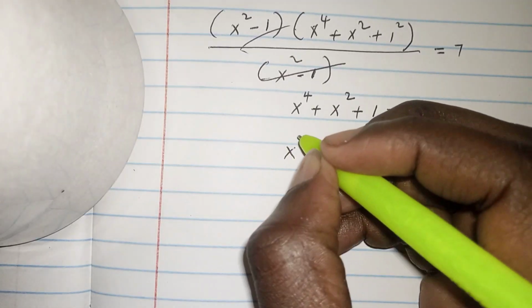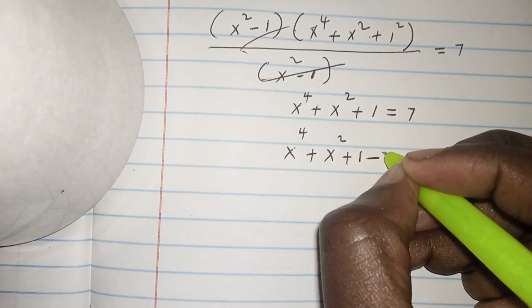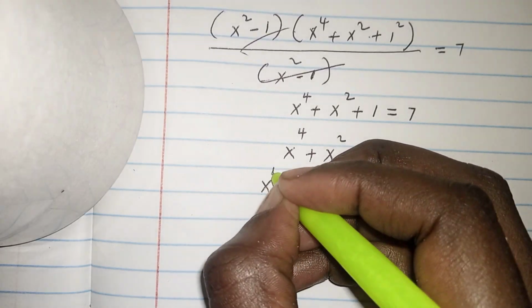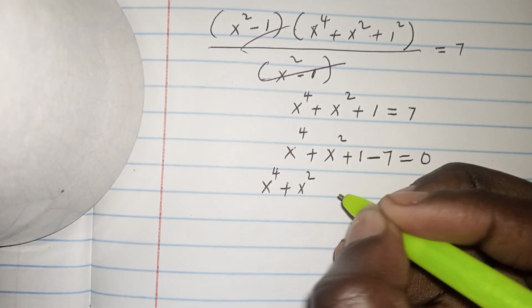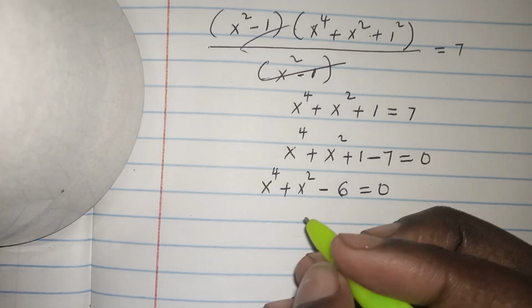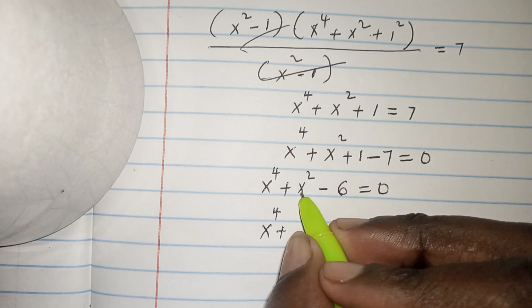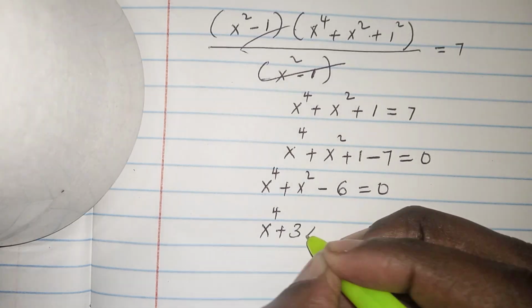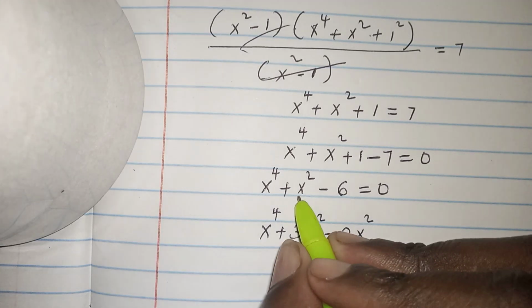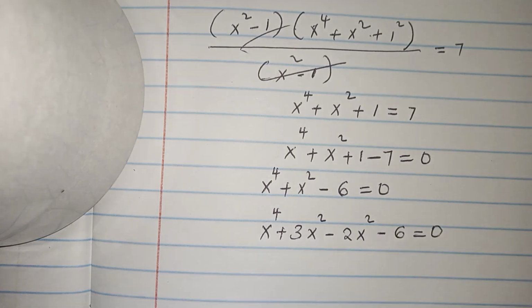So x^4 + x^2 + 1 - 7 = 0. So x^4 + x^2 - 6 = 0, right? Our next step, x^4 plus, so x squared, we can represent it as 3x squared minus 2x squared. So this gives us x^2 - 6 = 0.